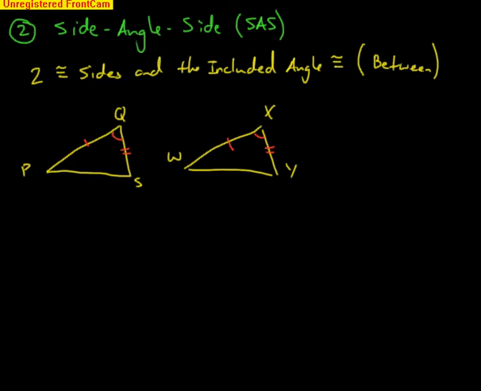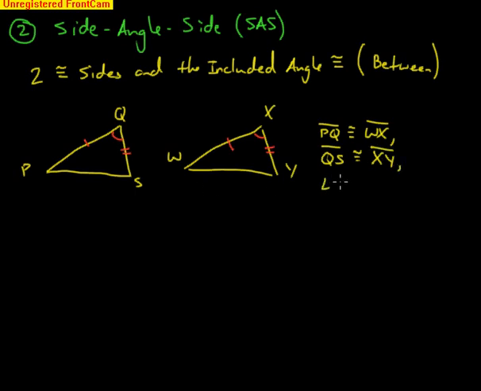So here, what do we know? We know three things. Segment PQ is congruent to segment WX. Segment QS is congruent to segment XY.